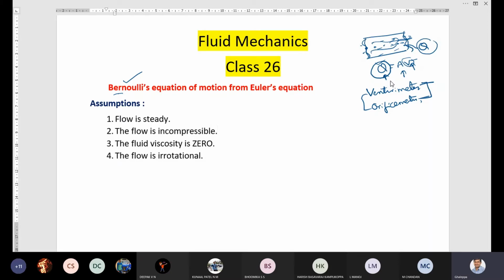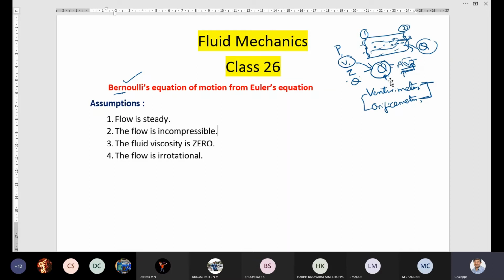Apply Bernoulli's equation between these two sections, then you can find the pressure, velocity, height, that is potential energy, and also directly find the discharge. Once you calculate the velocity, you can easily calculate discharge using the area into velocity formula.